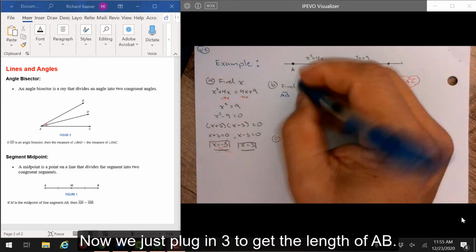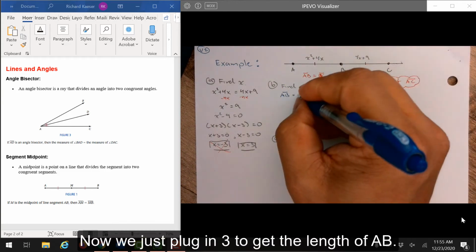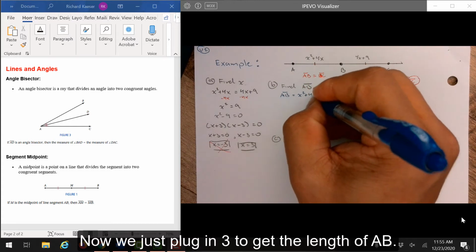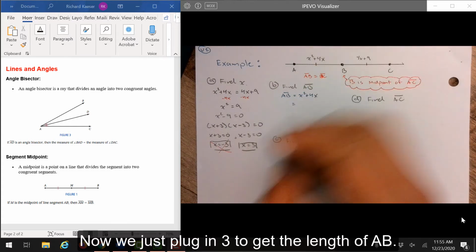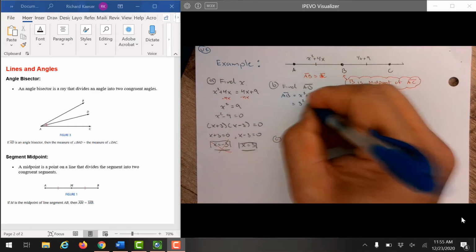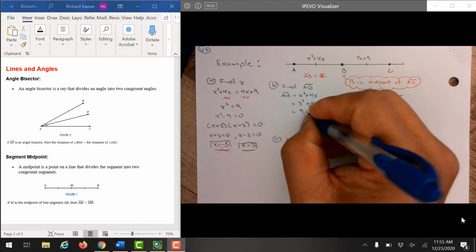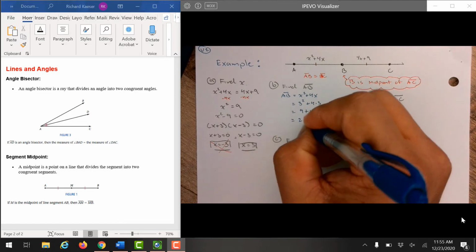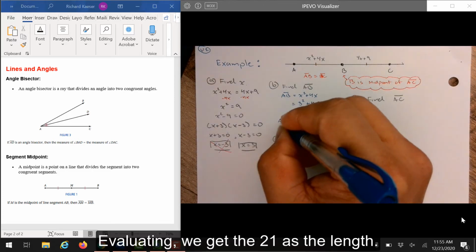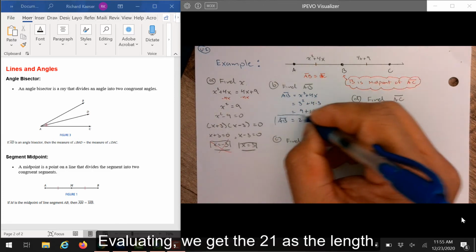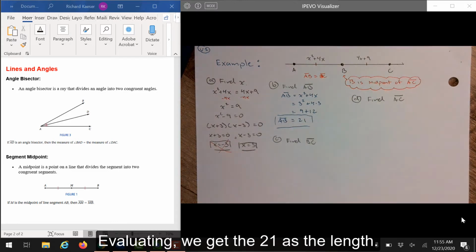Now we just plug in 3 to get the length of AB. Evaluating, we get 21 as the length.